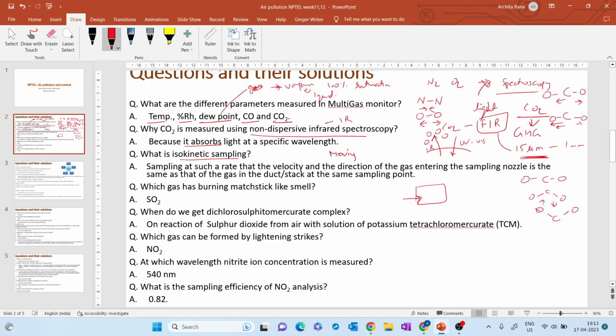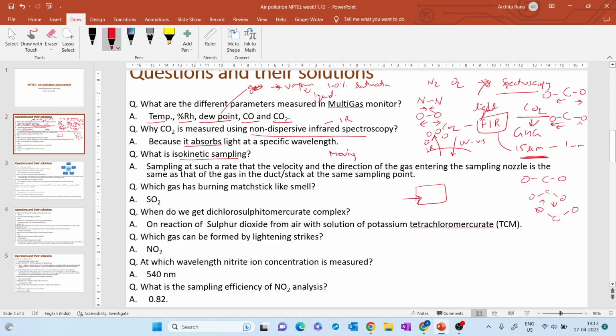Any instrument, for example PM 2.5 or a gas analyzer, has a pump. The pump will suck the air from the atmosphere, and whatever particle or gas is there in the atmosphere will come along with the air and enter the instrument.